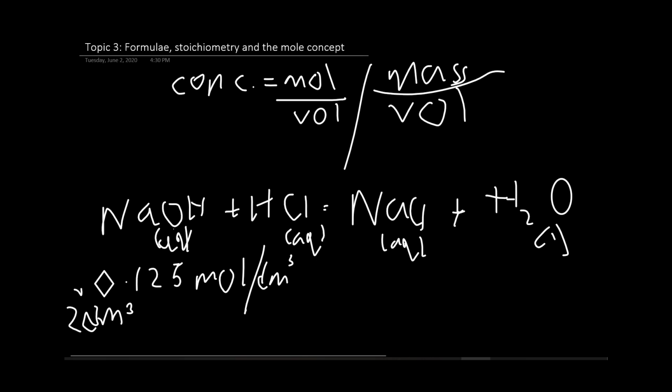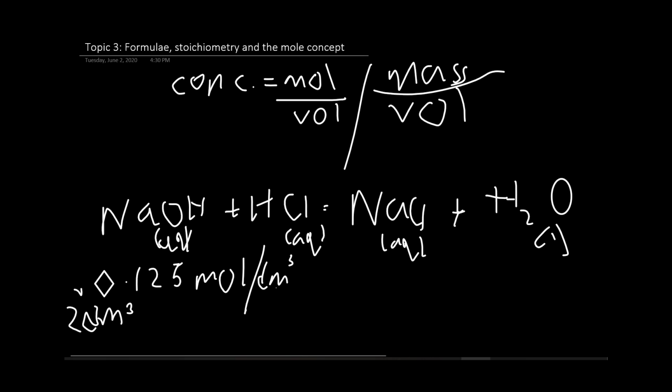So this data is related to your acid, right? So basically they say 2 dm cube of 0.125 mole per dm cube hydrochloric acid, right? So from here, as I said several times before, any non-molar units must be converted to molar units before beginning any calculation whatsoever.